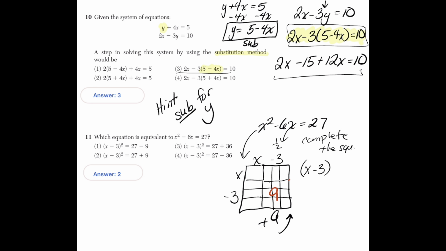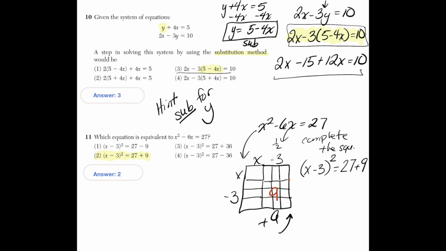That's what I'm seeing here. I have x minus 3 times x minus 3 squared is equal to 27 plus 9. Because remember, we added 9, so I need to add 9 here. And that, my friends, is where number 2 is the answer. I can literally see, here's my x minus 3 squared, and then the work that we did on this side.